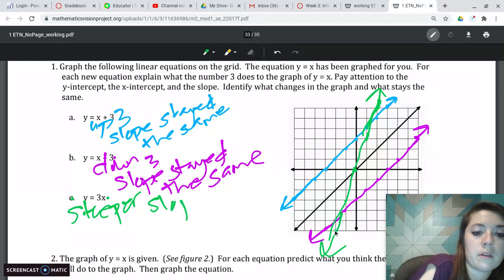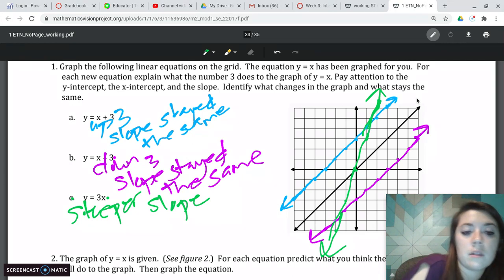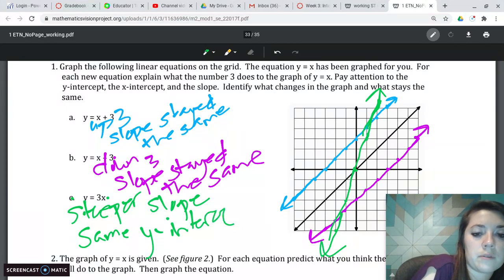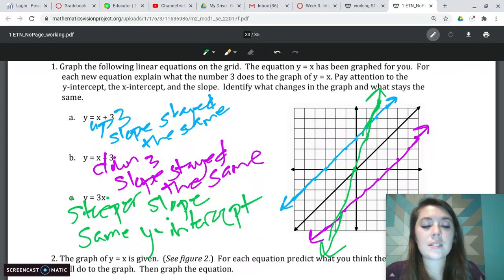But what stayed the same in comparison to the original y equals x? Same y-intercept. The y-intercept stayed the same. It's both at the origin, but it's a steeper slope because it's a whole number for a slope.